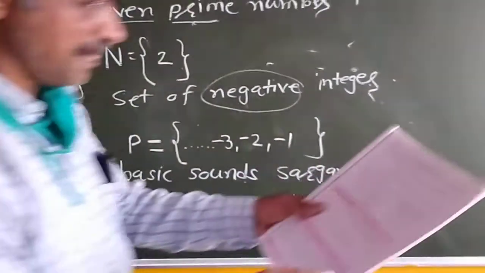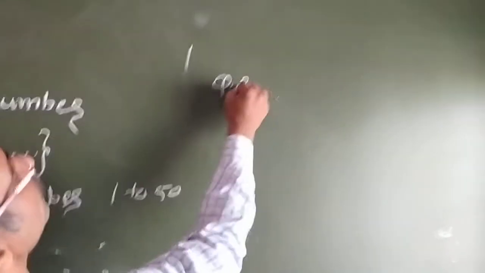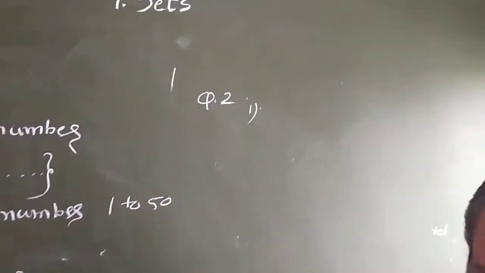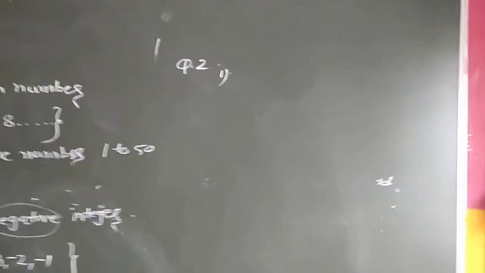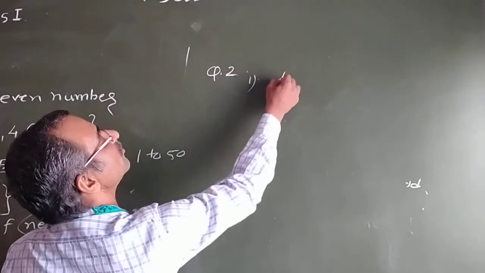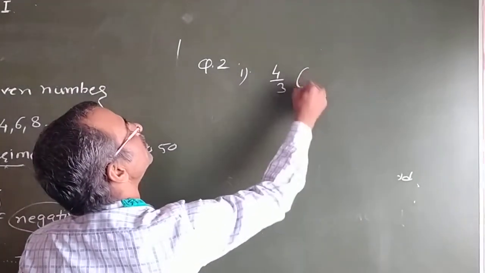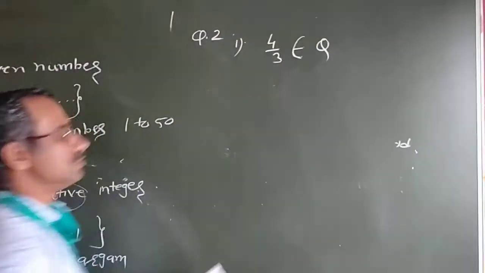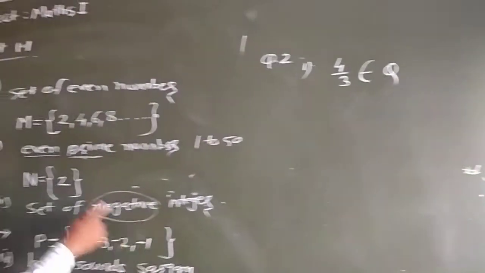Then question number 2. Write the following symbolic statements in words. First, 4/3 belongs to Q. These are elements in a set.